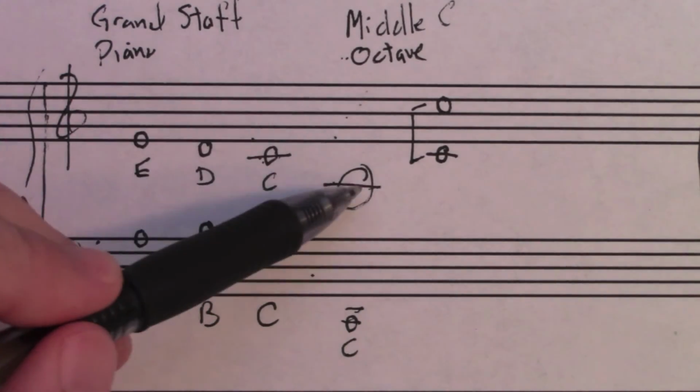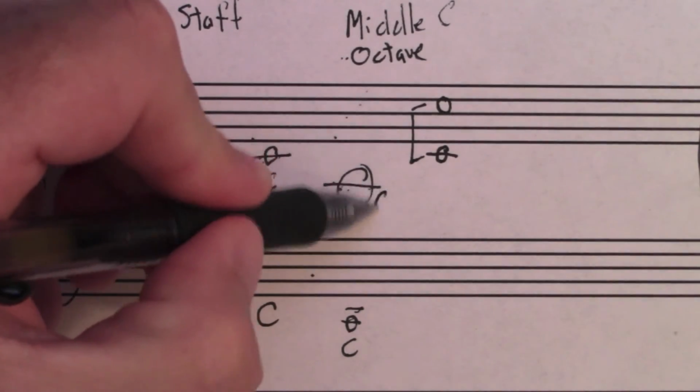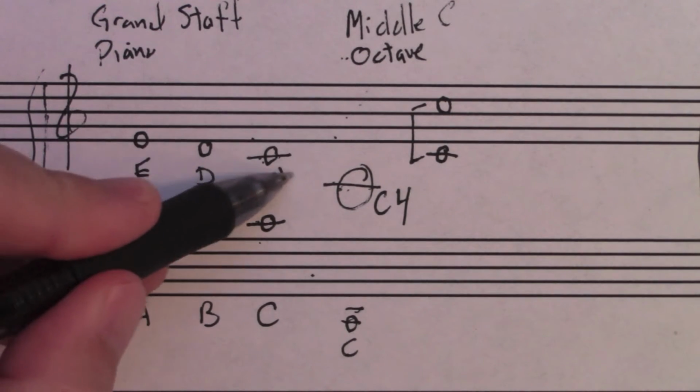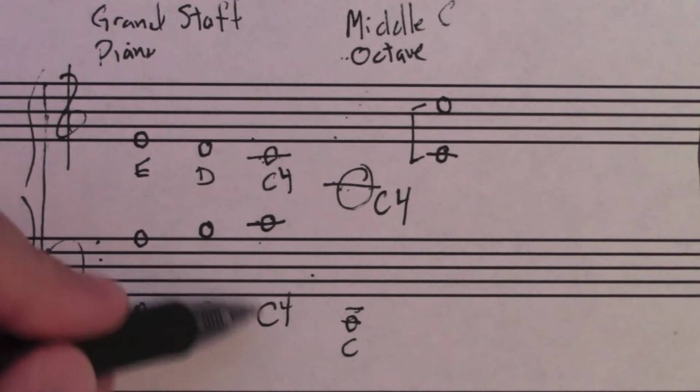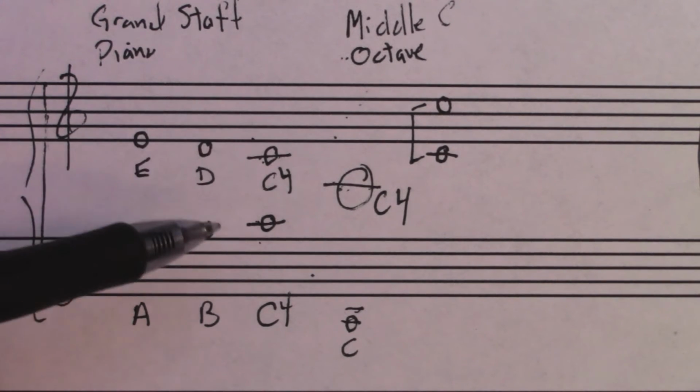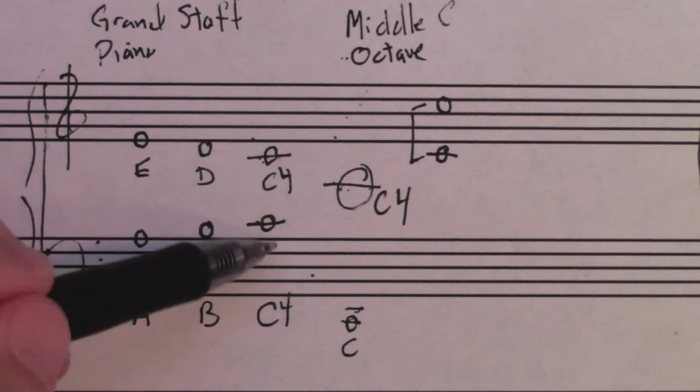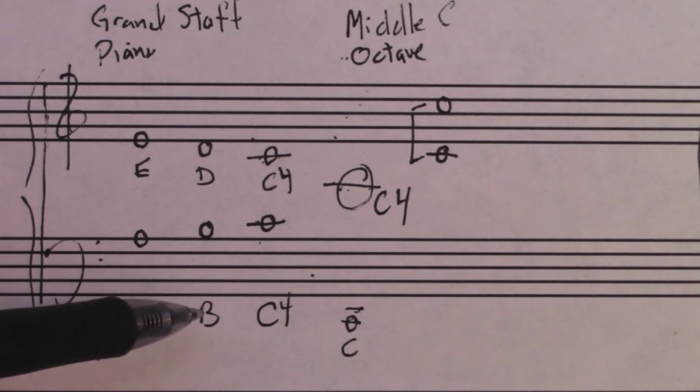Middle C, this C right here, is C4. Which is, remember, this is also C4. This is also C4. Doesn't matter if you are writing it in the bass clef or the treble clef. Middle C is C4.